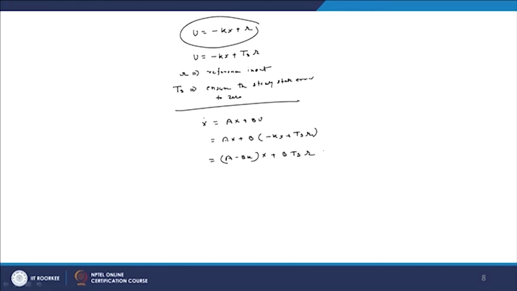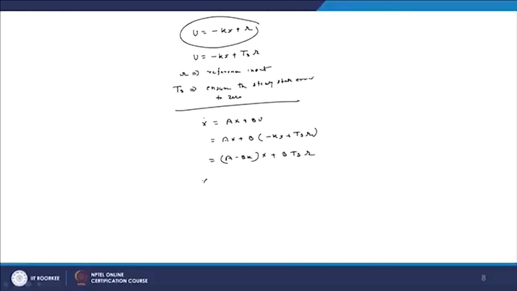What is the steady state? Steady state is nothing but the equilibrium point, so it is a constant. The derivative of any constant becomes 0. Therefore, at steady state xs dot is equal to 0. That is the condition for steady state.